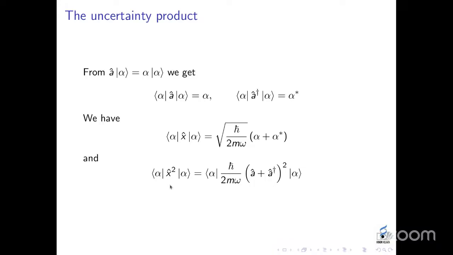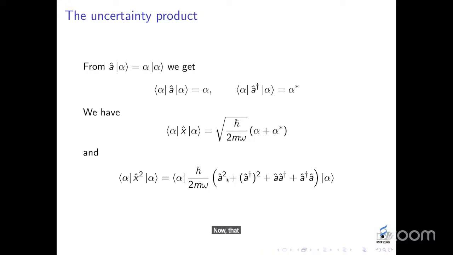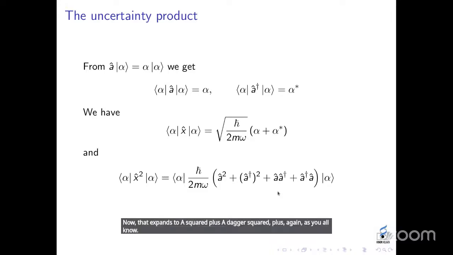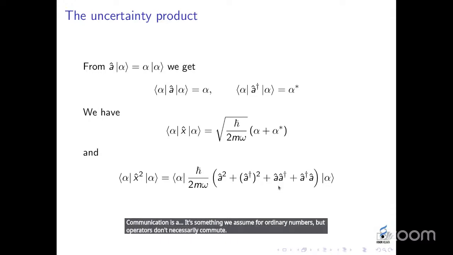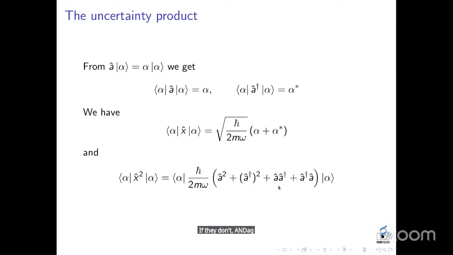Simply, for the X squared expectation value, you will need A plus A dagger whole square. Now that expands to A square plus A dagger square plus, as you all know, commutation is something we assume for ordinary numbers, but operators don't necessarily commute. A and A dagger have a commutator of 1.